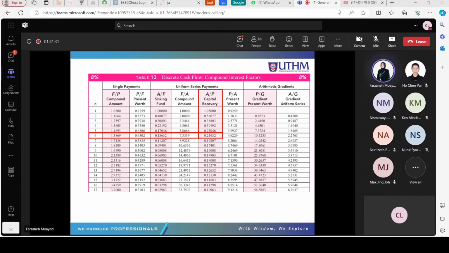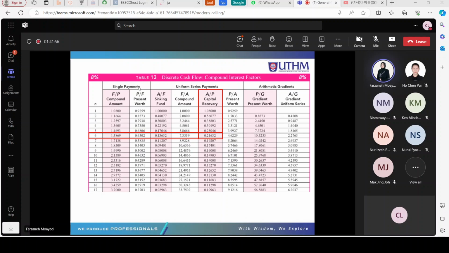If it's a one-time payment, either you are receiving one-time money in the beginning, or you are paying one time at the end of the period. Either way, you use these two columns only. This is about a one-time, single payment.